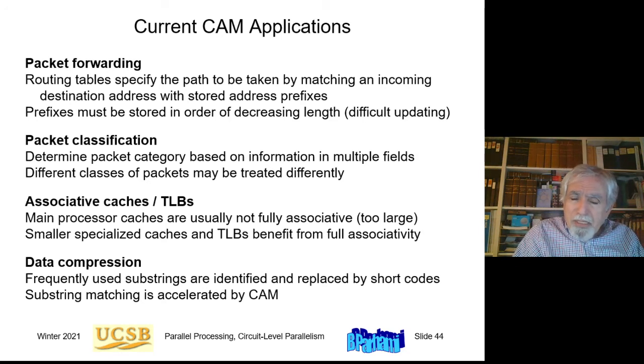So whenever the string University of California, Santa Barbara is detected in the input, we consult an associative memory to see what the corresponding shorthand notation or compressed form is for that particular string.